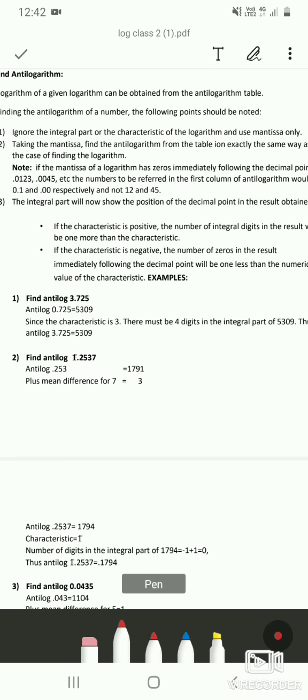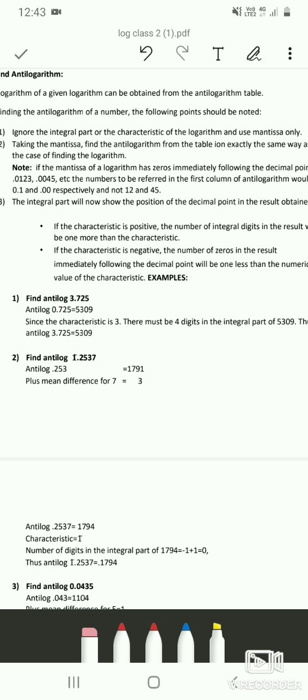If you want to verify, you can check the logarithm of 5309. You will get back to this answer, that is 3.725. That is why we call antilogarithm a reverse process of logarithm.